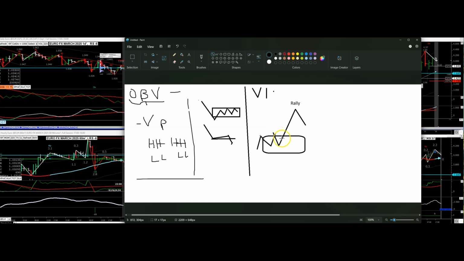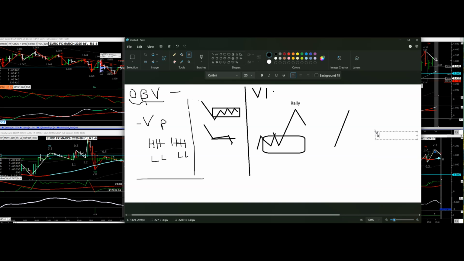When you see where the buying activity is, very likely you're going to get a distribution. Let's just draw it. What is it, a B shape? You get a B shape.